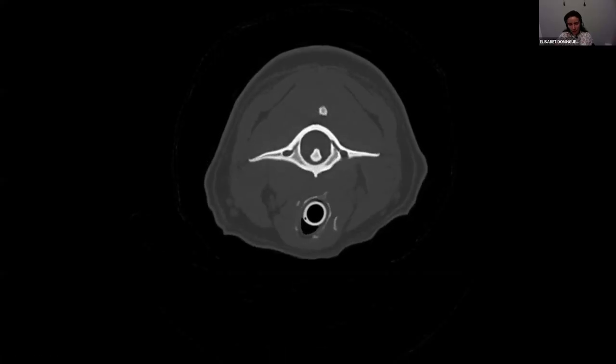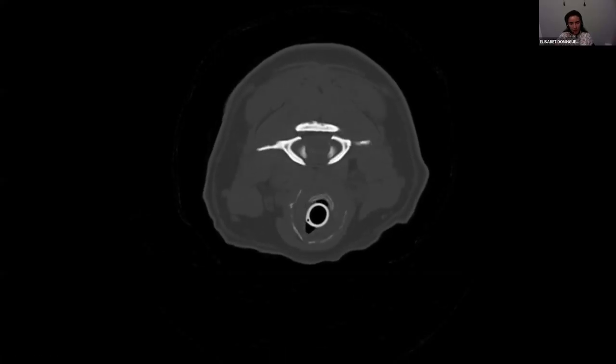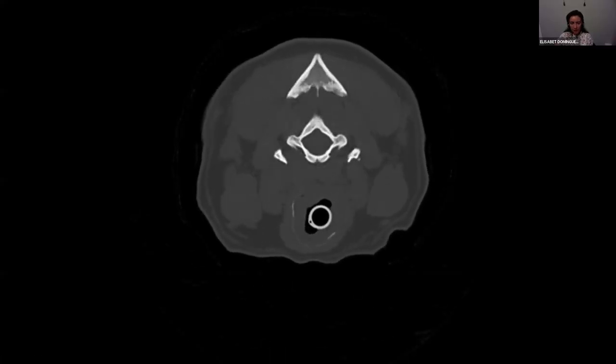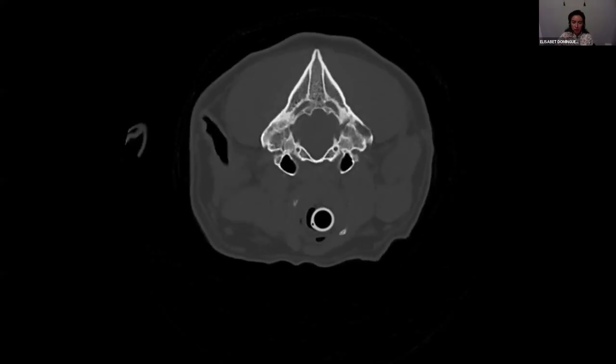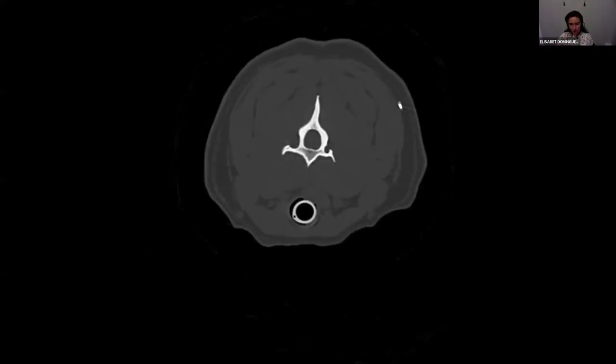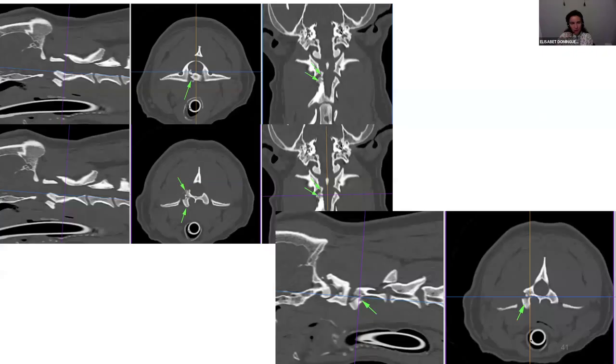So we had this comminuted fracture affecting the right lateral aspect of the cranial third of the vertebral body of C2, sorry.